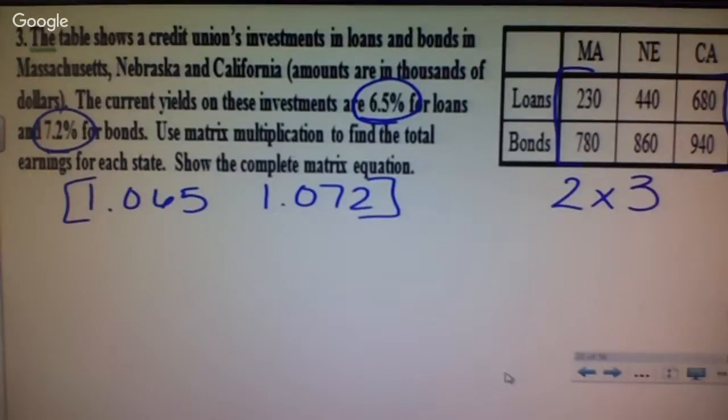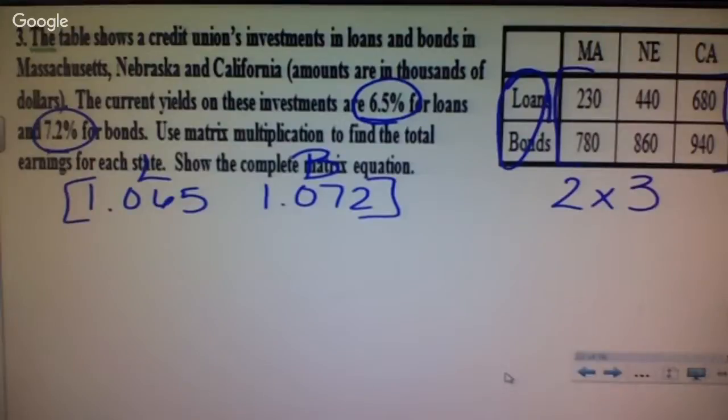So in other words, what creates the rows here has to be your columns here. Okay. So you would multiply this times that in your calculator.